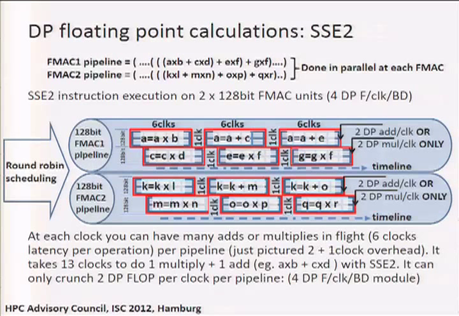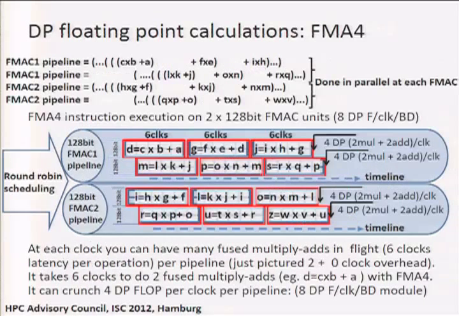And I didn't mention whether this was just done by 2 processes or 1 process. The process or 2 processes, they are putting here instructions to be executed, and then you're just filling up these pipelines, and they get executed and retired, and then sent out back to the corresponding data cache. If I move to FMA4 instructions, then those FMA4 instructions are allowing you to do, in those 6 clocks, not only an addition, but also multiplication.